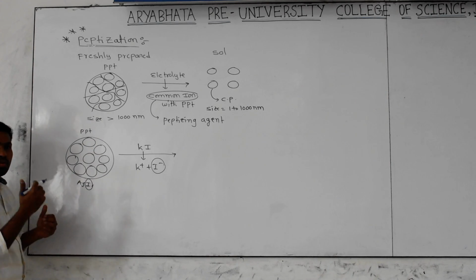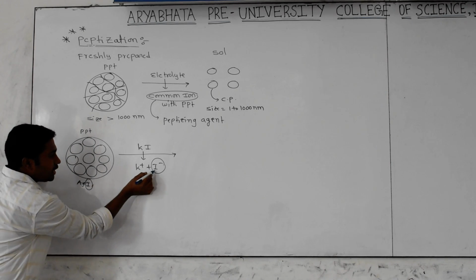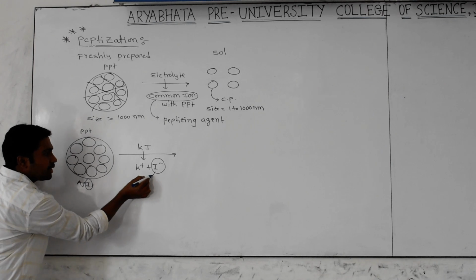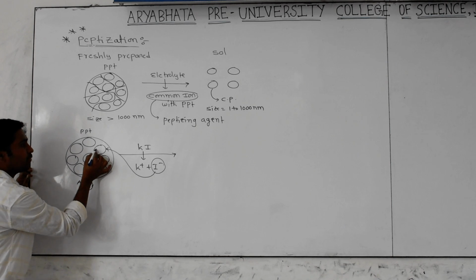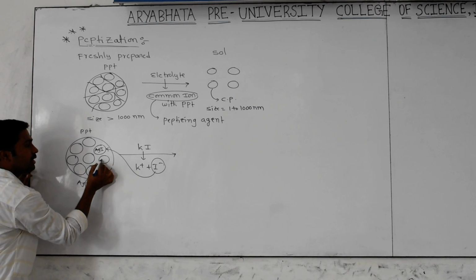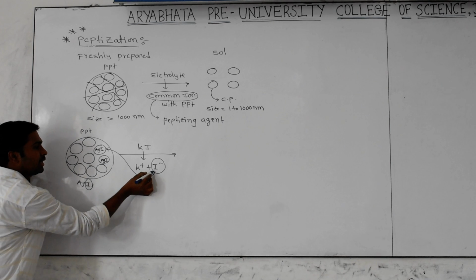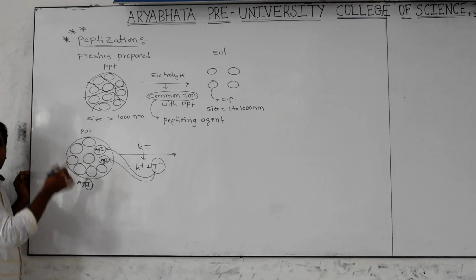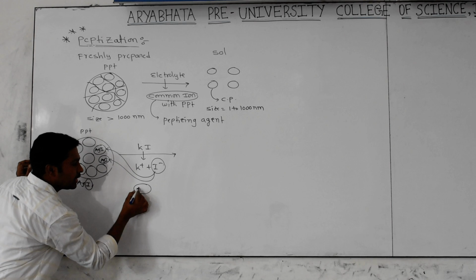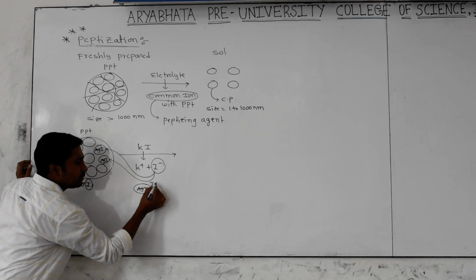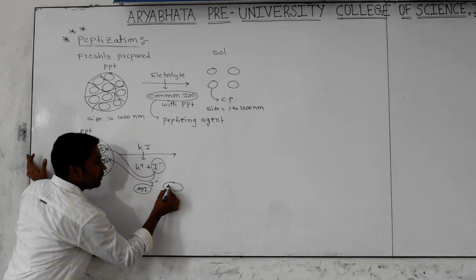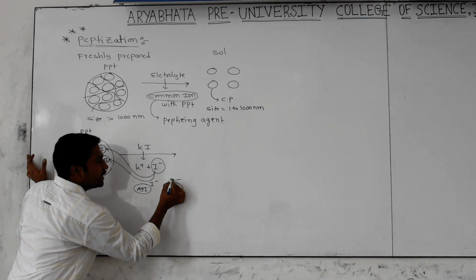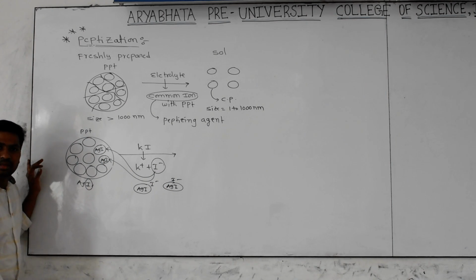After adding this, what happens? This I minus, the common ion, is adsorbed on the surface of the colloidal particles. Each one is an AgI particle, and on those AgI particles, I minus sticks. After that, AgI becomes a negatively charged particle. Like that, all AgI particles become negatively charged particles. Then do they stay together?